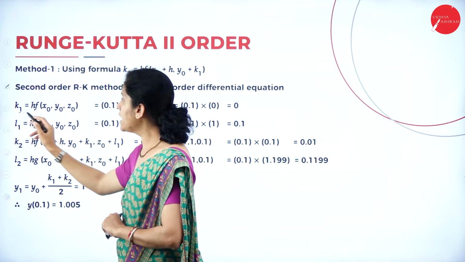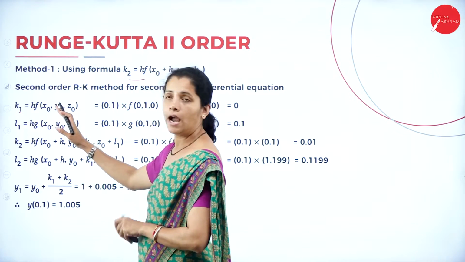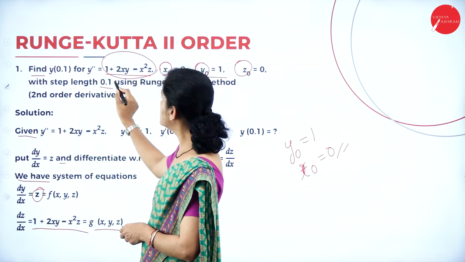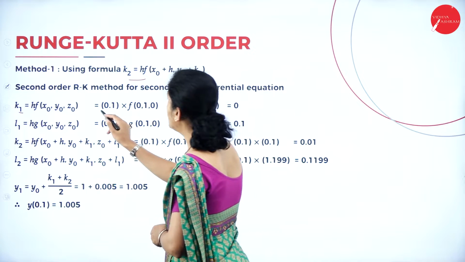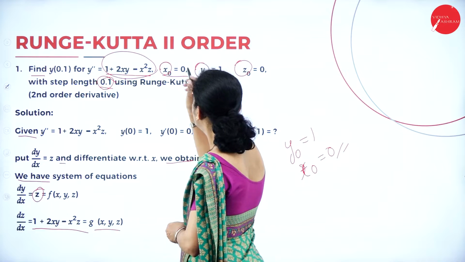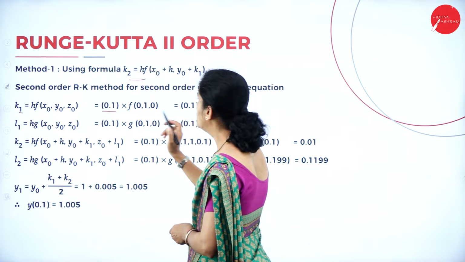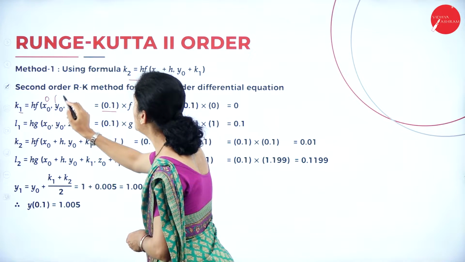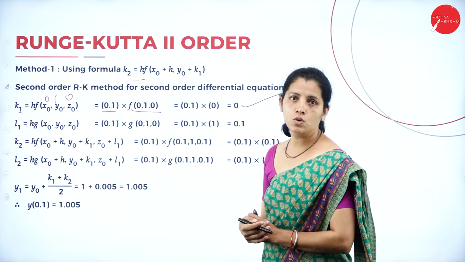Here K1 is nothing but height and function. And what is the height? h is nothing but 0.1. So I'll write 0.1, and x is 0, y is 1 and z is 0. So 0, 1, 0, and if I multiply, I'm going to get the answer 0.